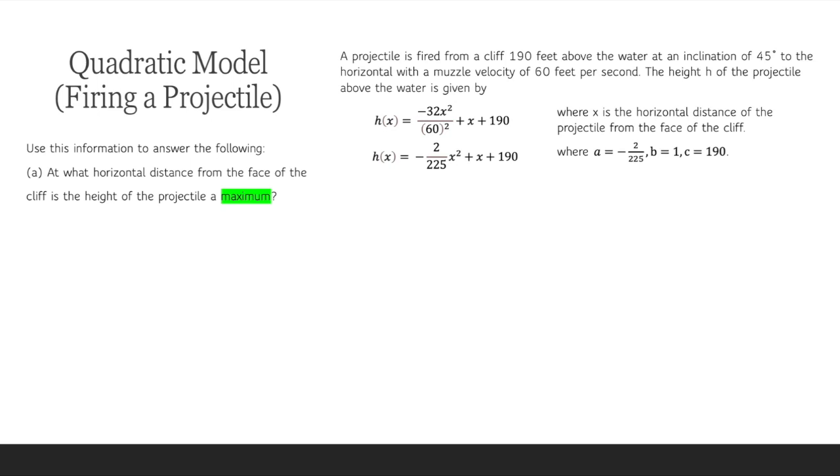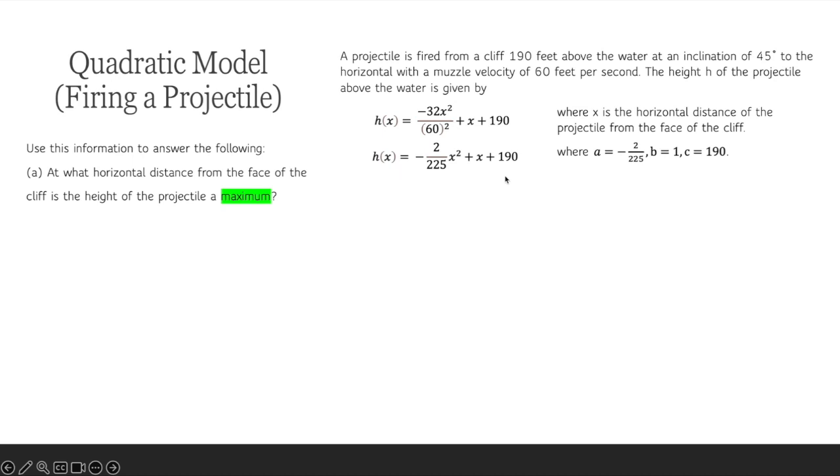It asks, at what horizontal distance from the face of the cliff is the height of the projectile a maximum? So as you learned from the quadratic formula, when your a is negative, your parabola is upside down. It's like going down. The opening is down.